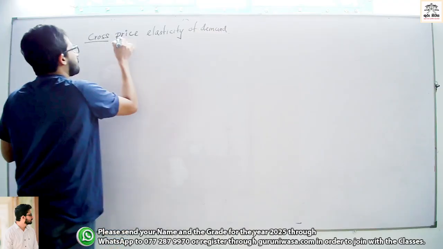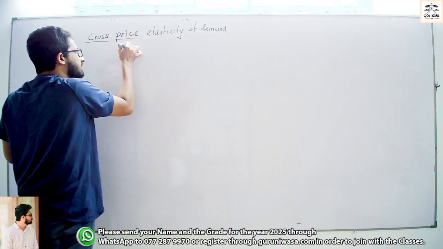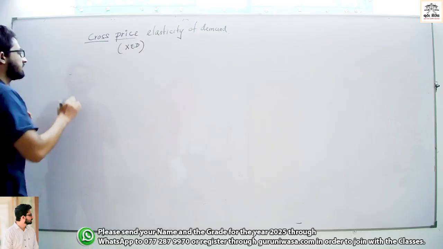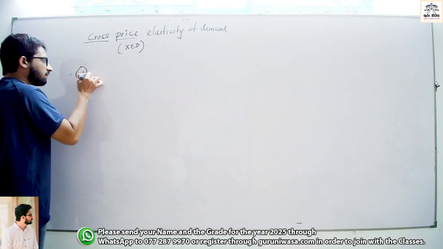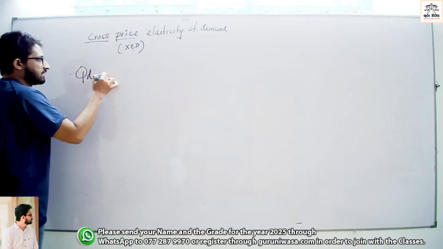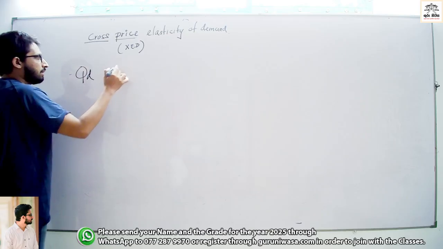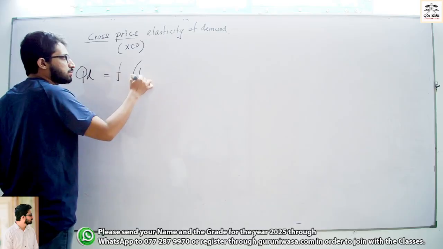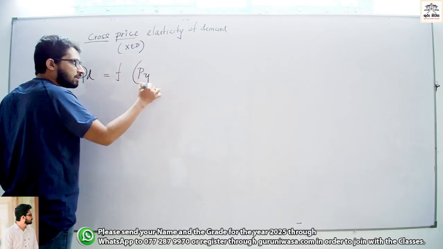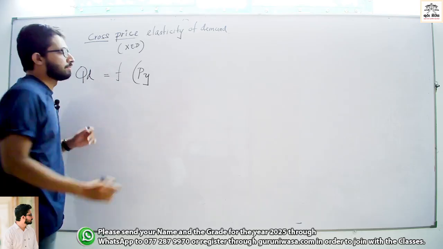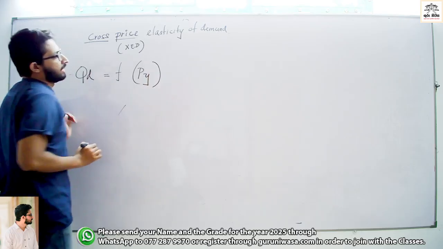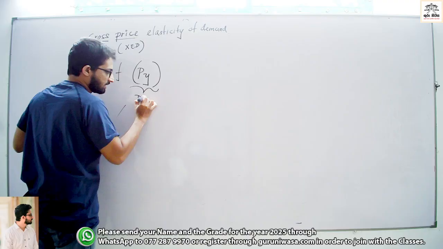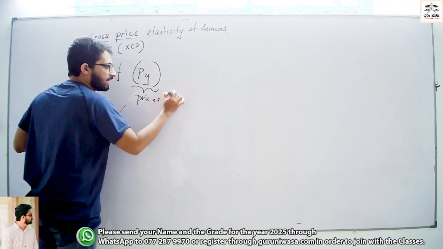The common abbreviation is XED. It measures the responsiveness of quantity demanded to a change in which determinant? Not PX, not consumer's income, but PY. PY means prices of related goods.